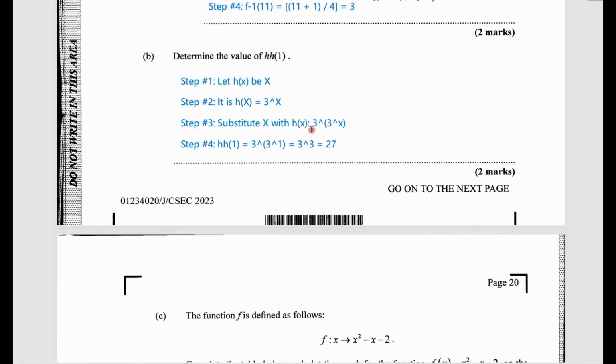So it'll be 3 to the power of 3 to the power x. And then for h of h of 1, I'm just replacing the x with 1. So it's 3 to the power of 3 to the power 1. We know 3 to the power 1 is 3. So it comes down to 3 to the power 3, which is 27.